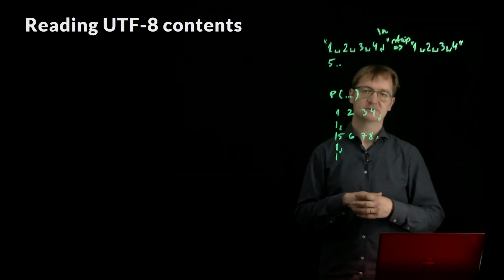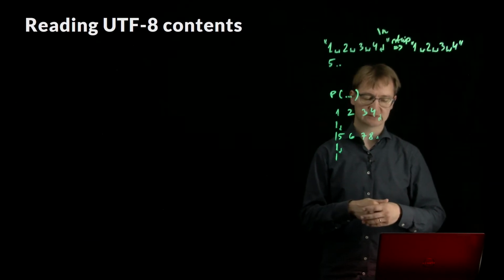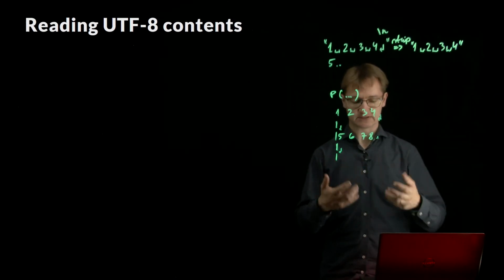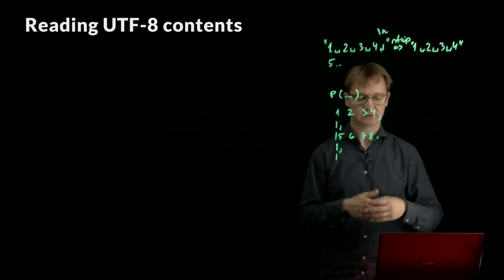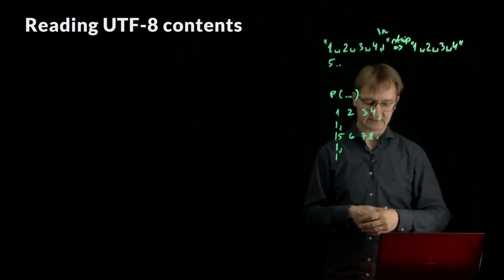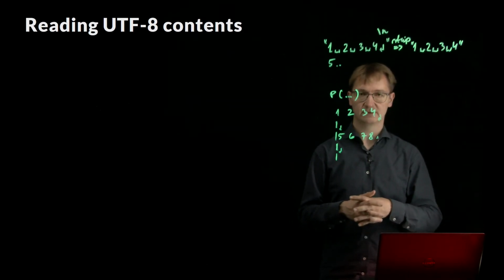Okay, so in many cases we have contents in the file which require special symbols. What is a special symbol? This is a different topic, but let's say we use a different encoding. For example, UTF-8.